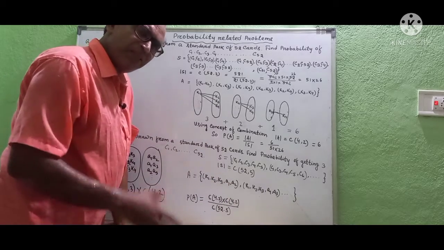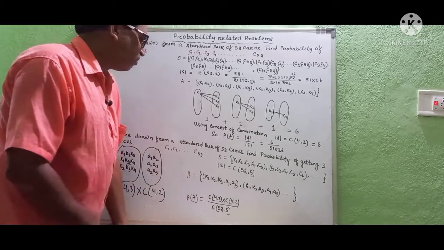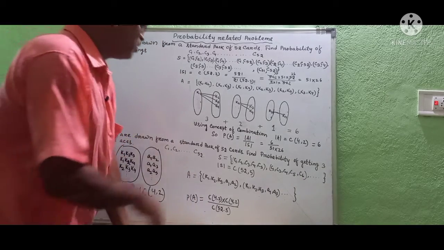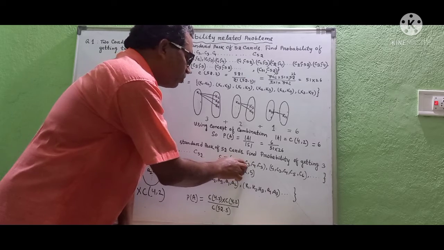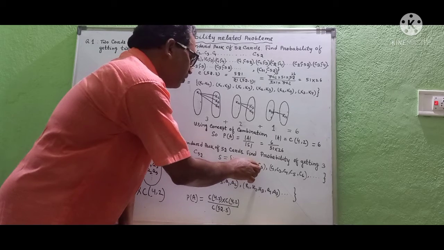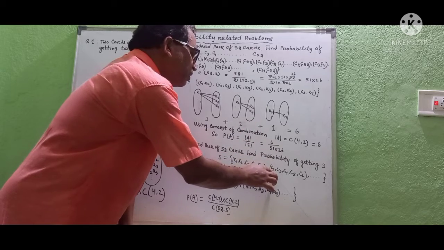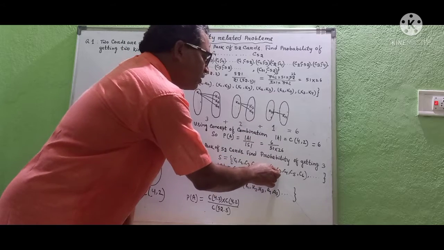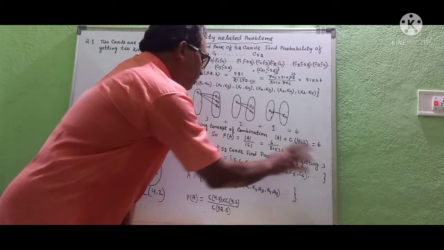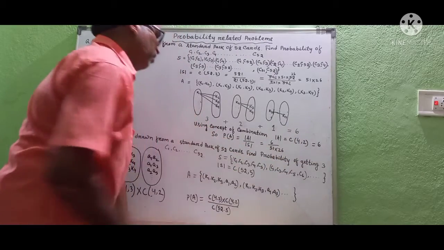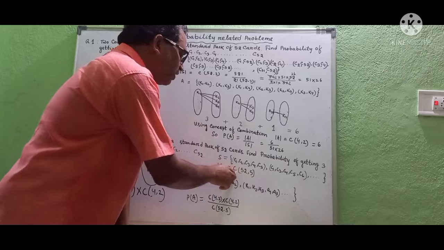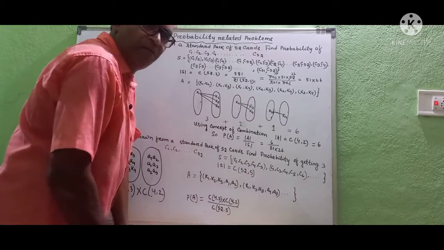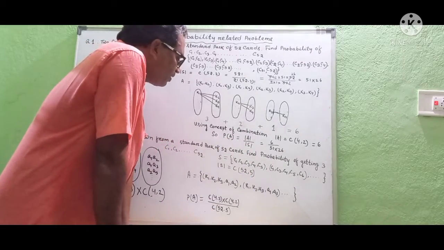So sample space will be like this: C1 C2 C3 C4 C5, C1 C3 C4 C5 C6, like this. So cardinality of S is equal to C(52,5). You know the concept of combination.